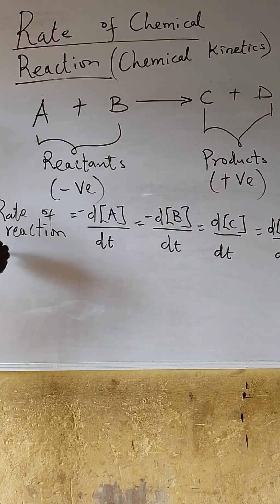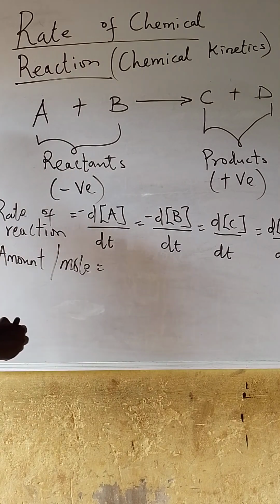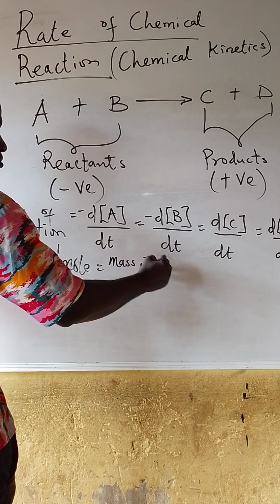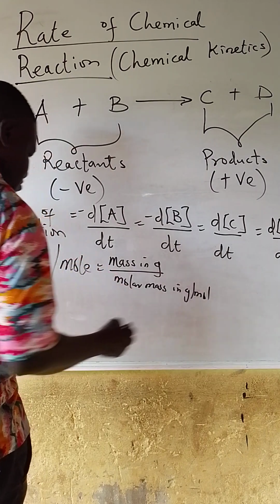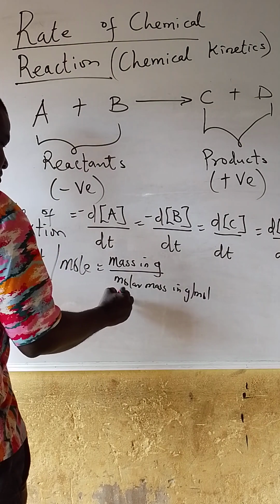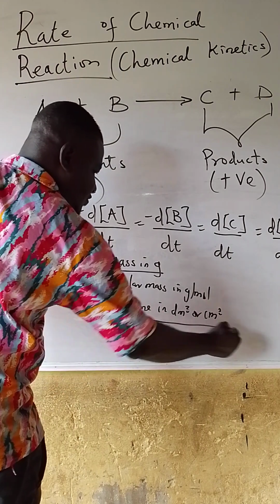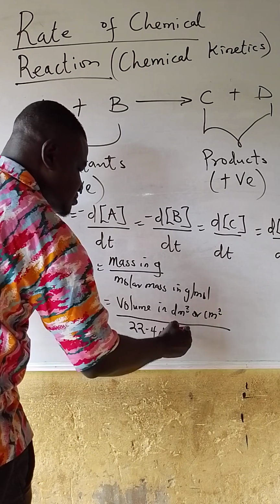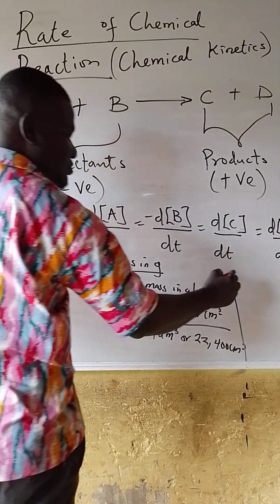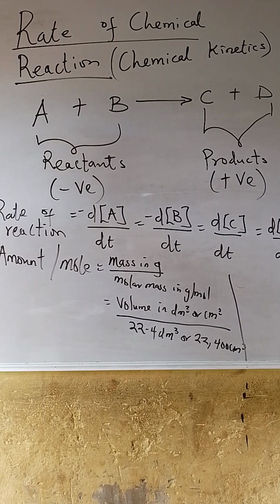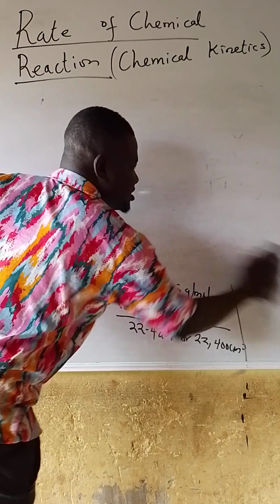The amount is the same thing as mole. The amount or mole is equal to mass in gram over molar mass in gram per mole, and can also be equal to volume in dm cube or cm cube over 22.4 dm cube or 22,400 cm cube, or concentration times volume in dm cube.